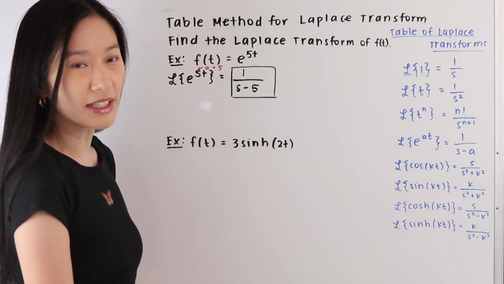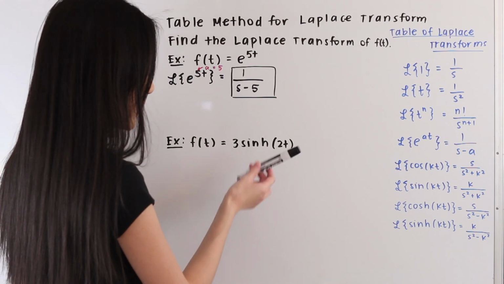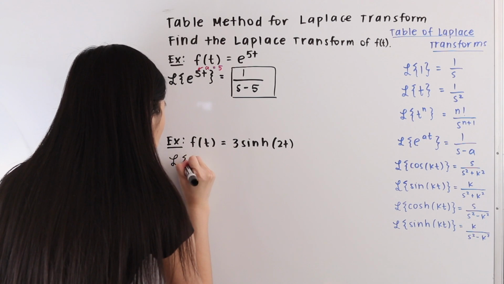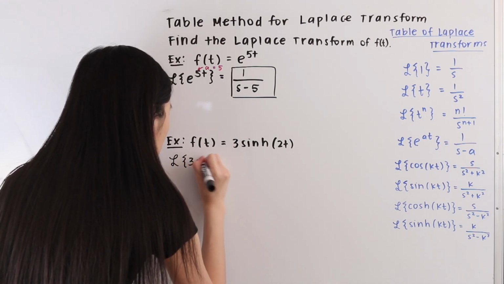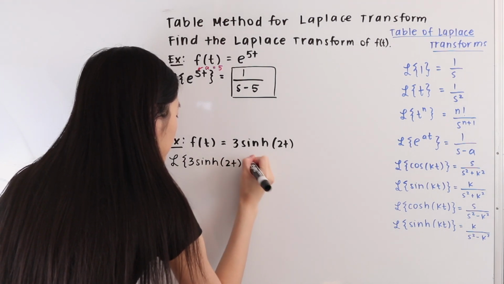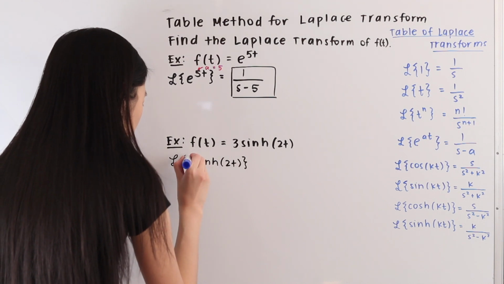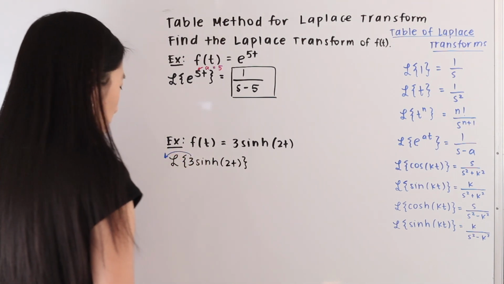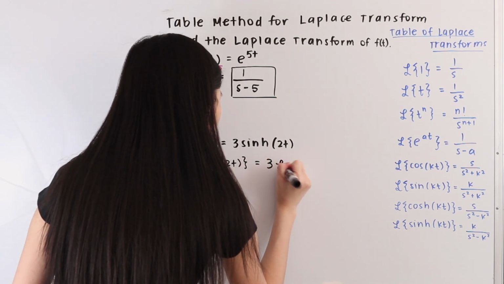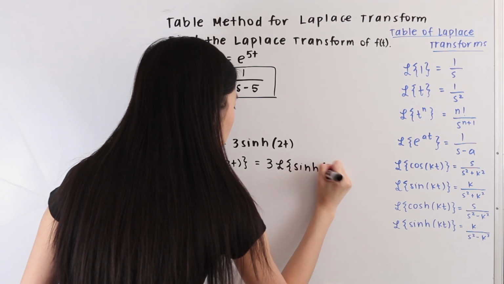And in this last example here, we have f of t is equal to 3 times the hyperbolic sine of 2t. So let's go ahead and take the Laplace transform. So we have the Laplace transform of 3 times the hyperbolic sine of 2t. And because the Laplace transform is linear, we can go ahead and bring this constant term out of our Laplace transform, and we are left with 3 times the Laplace transform of the hyperbolic sine of 2t.